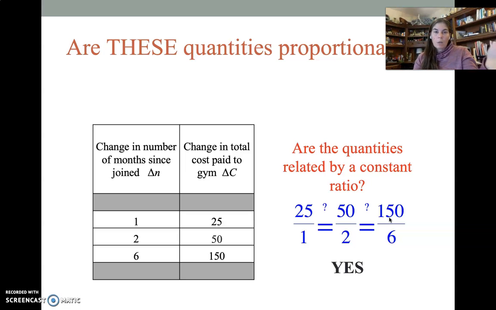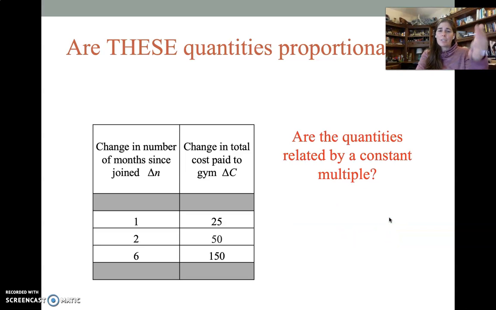These quantities are proportional. Again, just to go one more time, for constant multiple, I could take the 1, and if I multiply 1 by 25, I'm going to get my change in cost. If I take 2 times 25, am I going to get my change in cost? If I take 6 times 25, am I going to get my change in cost? And again, in each case, we're going to say yes.